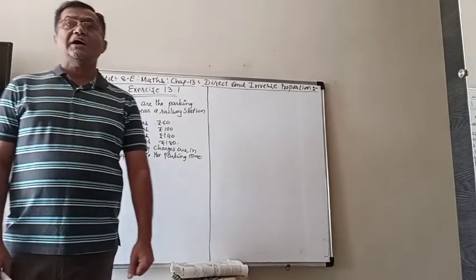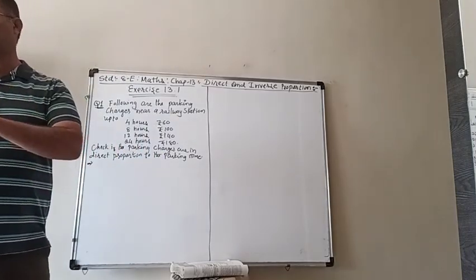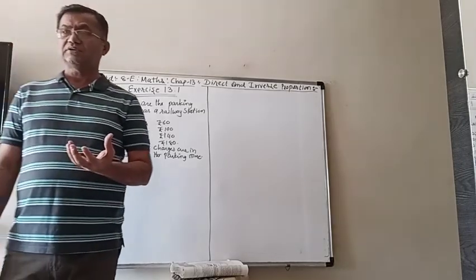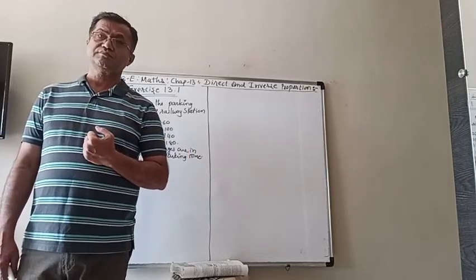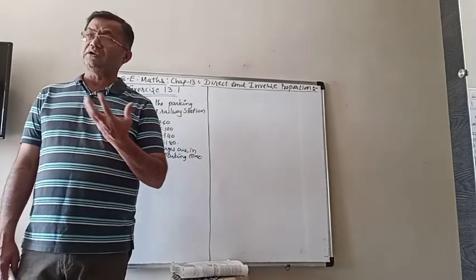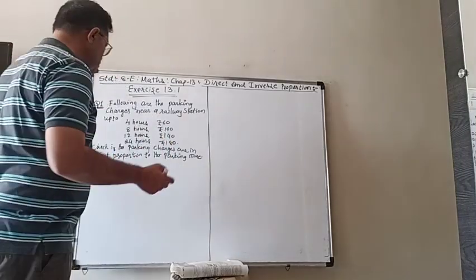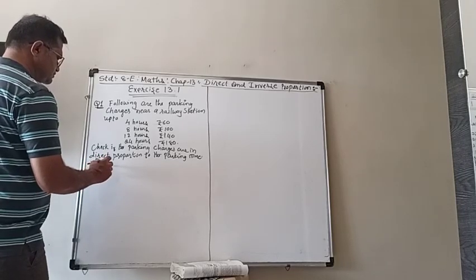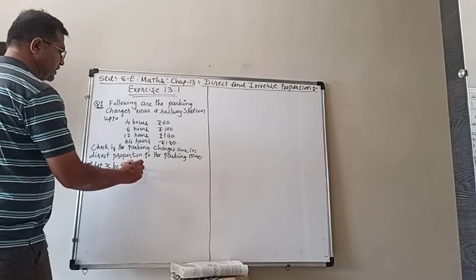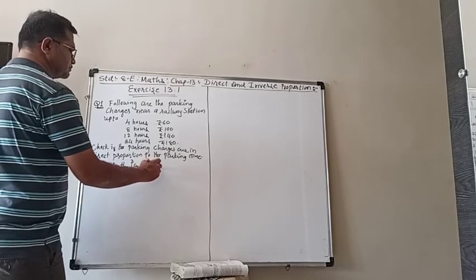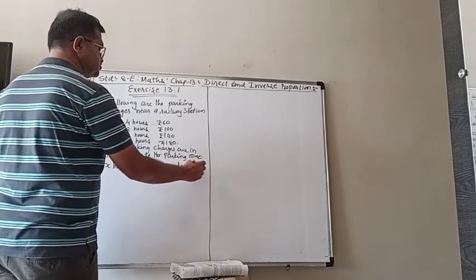So now, how can we decide whether they are in direct proportion or not? We know that when the ratio of the different values are equal, then they are in direct proportion, otherwise not. So here, let X be the parking time and Y be the charges.